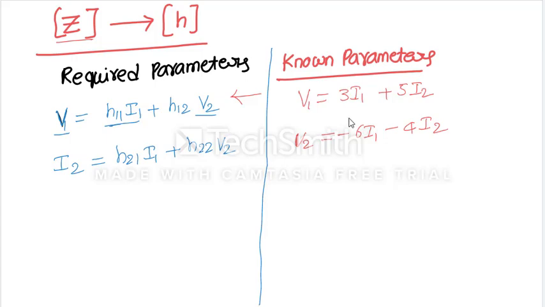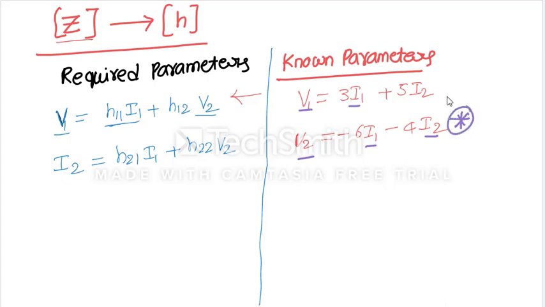Check it now. V1, I1, V2. V1, I1, no V2, so come to the second equation. I2, I1, V2. Yes, we have the same variables.